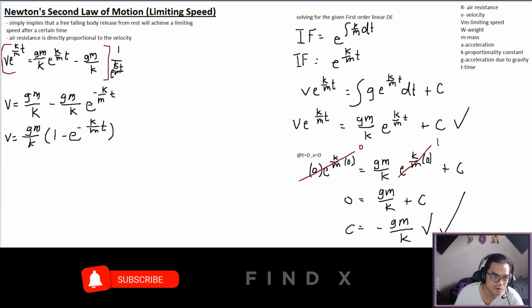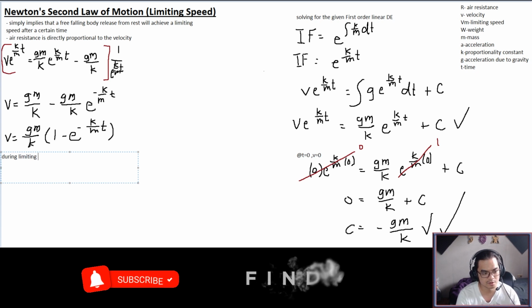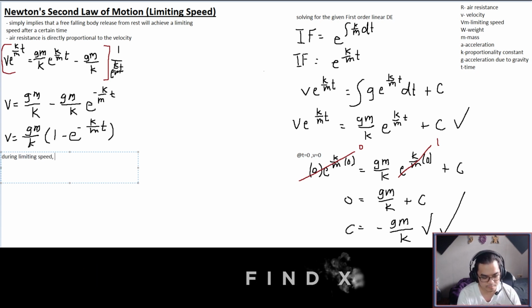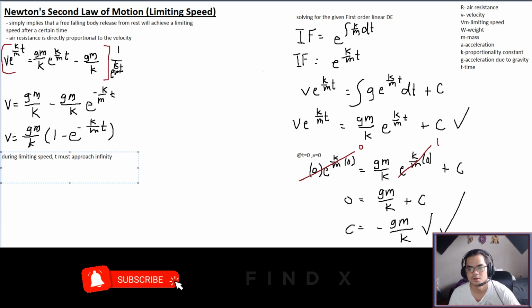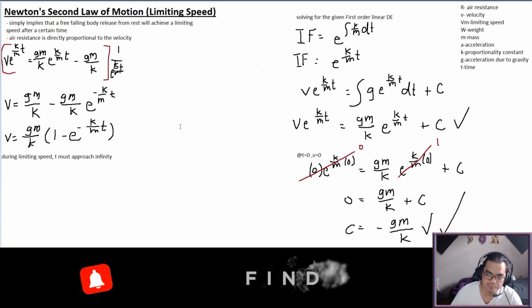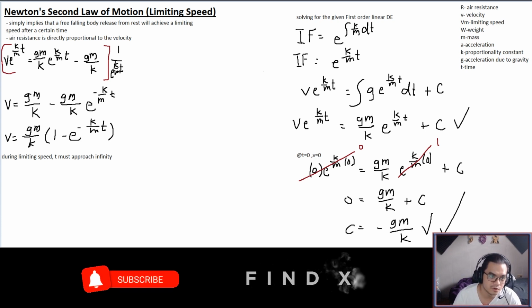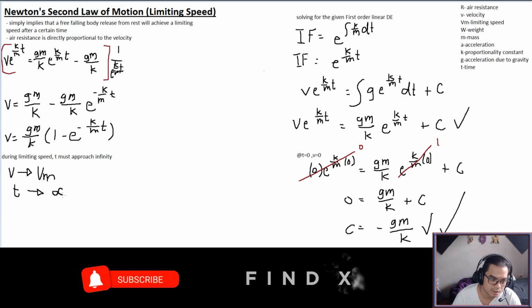Therefore, I can consider here that during limiting speed, t must approach infinity. So when the velocity is the limiting speed, v must become the limiting speed, or Vm, and t must approach infinity.